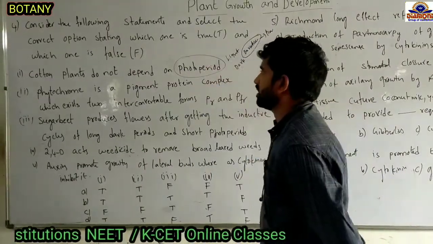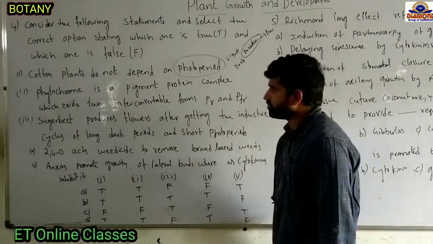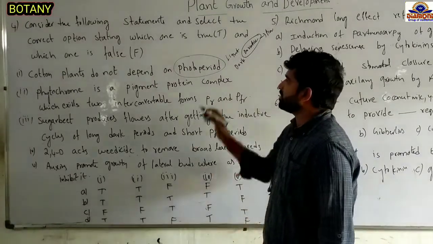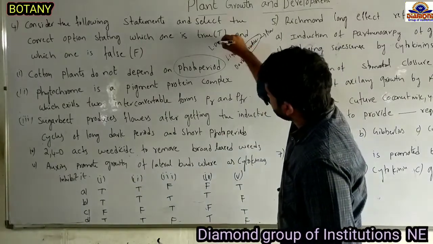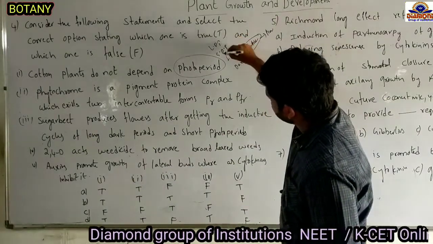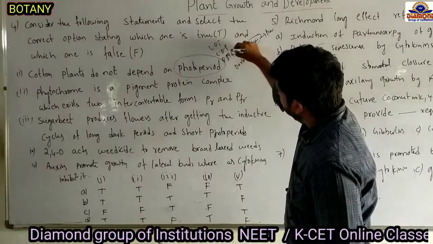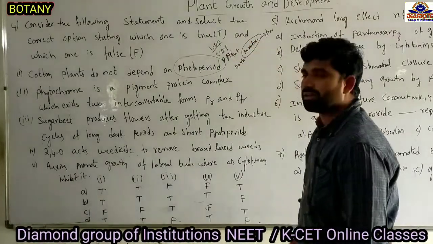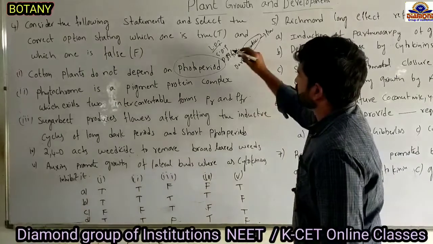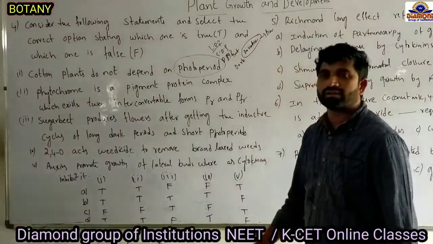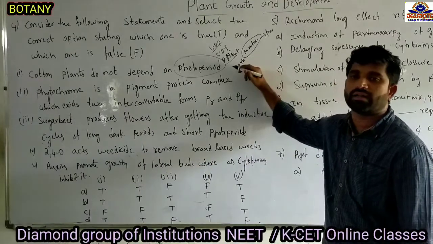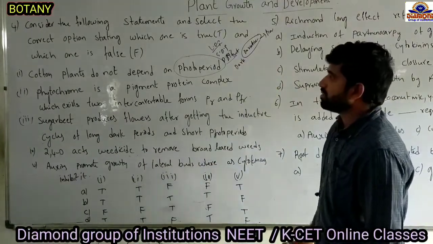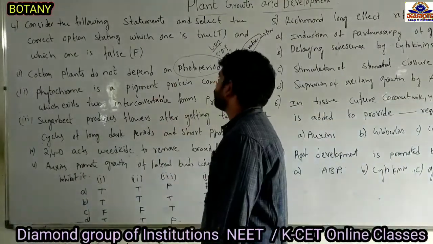You know that Garner and Allard proposed photoperiodism. Based upon photoperiodism, plants are classified into three types: long day plants, short day plants, day neutral plants. Long day plants require a long light phase, short day plants require a long dark phase, and day neutral plants do not depend upon the light and dark phases. Cotton plants do not depend upon photoperiod.